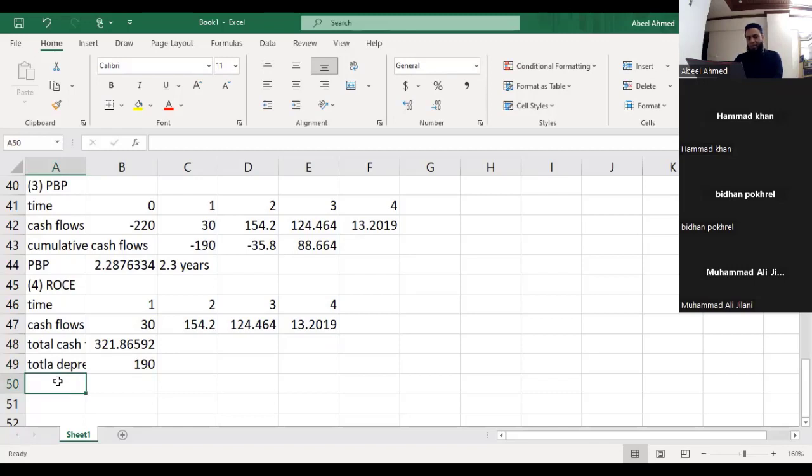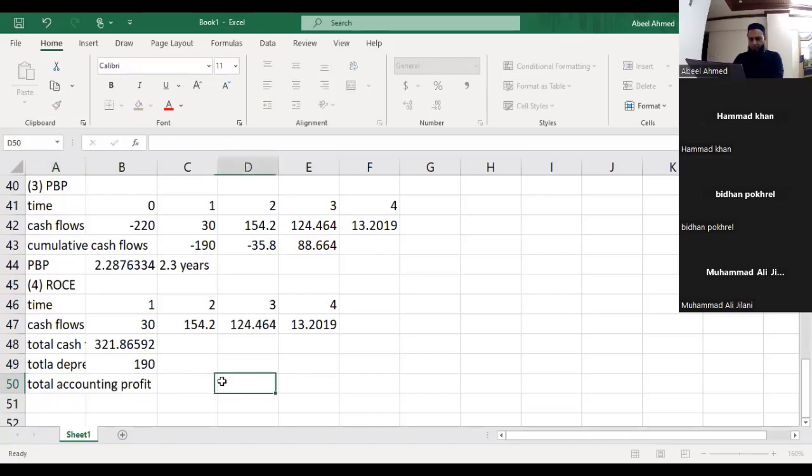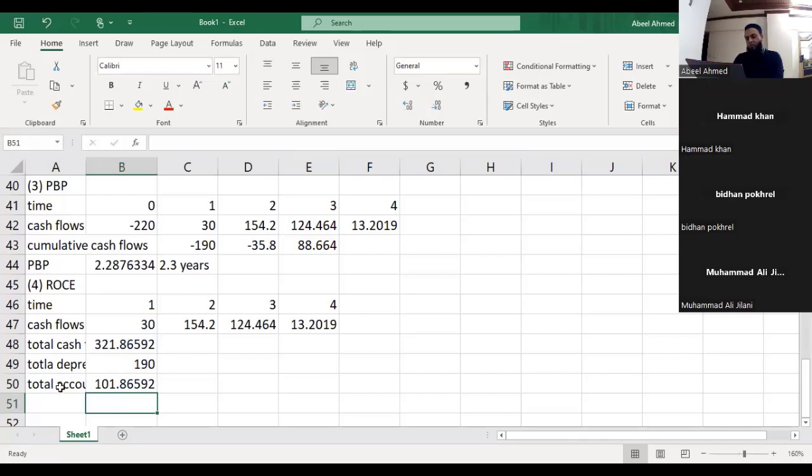Now look at this. How we'll calculate the total accounting profit? Cash flows minus the scrap value minus this total depreciation. These are your total accounting profit.